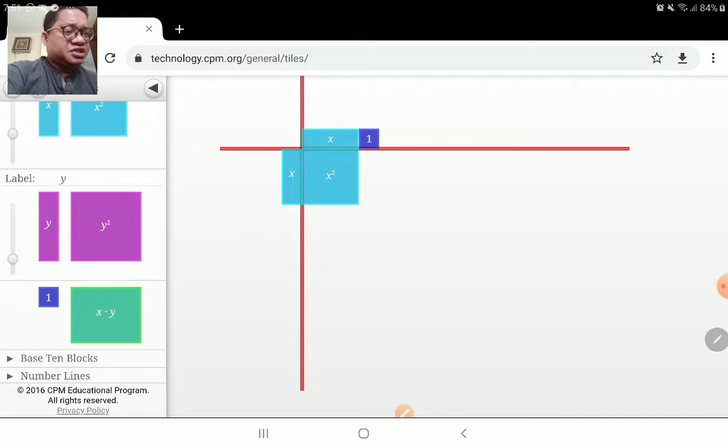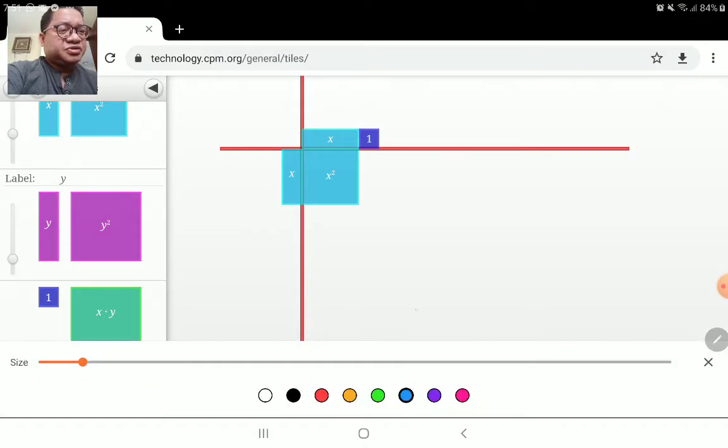As you can see from there, if you have x here, this is the side x, x units, and then this is 1 unit, it will actually form another rectangle.